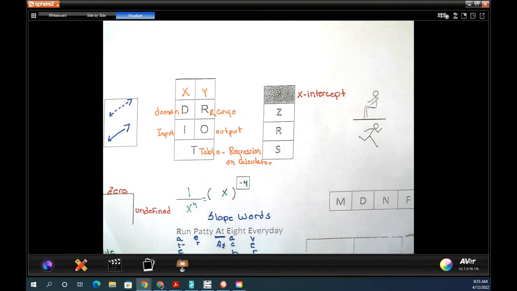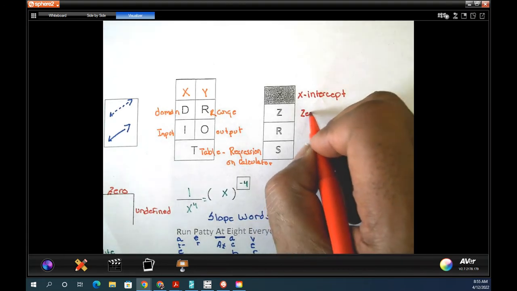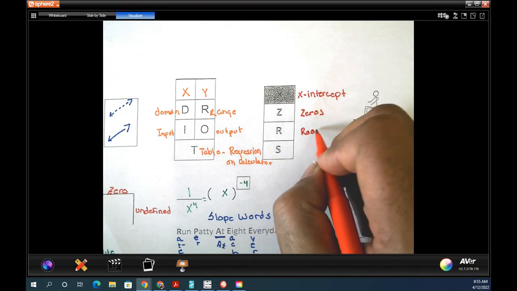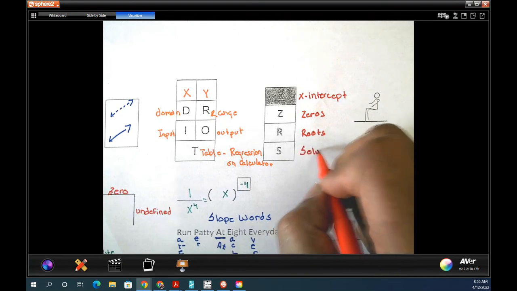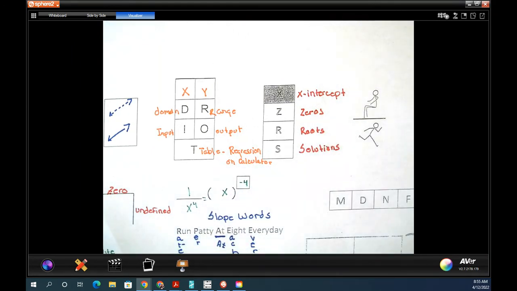Now, other names for x-intercepts are zeros, roots, and solutions. Zeros, roots, and solutions.